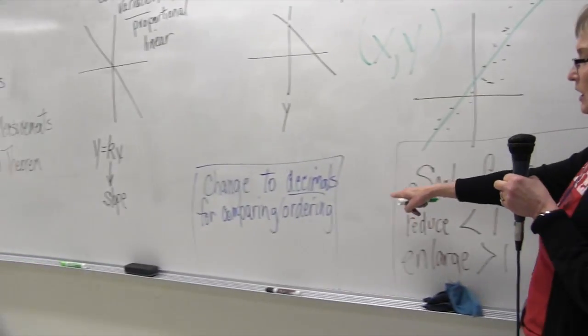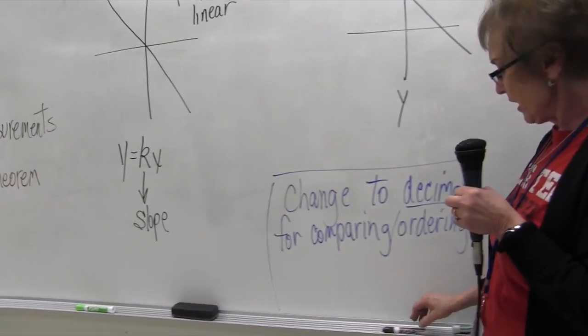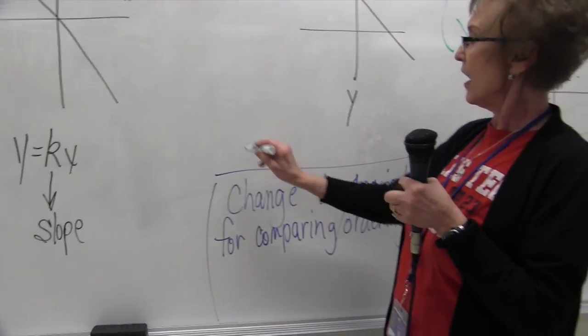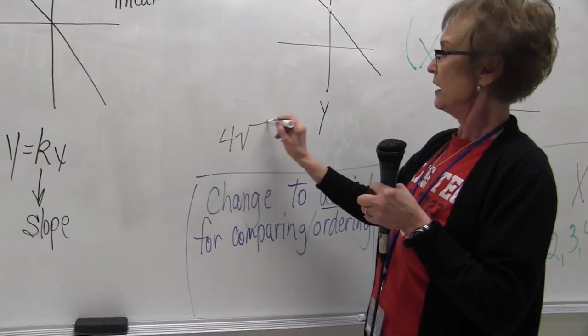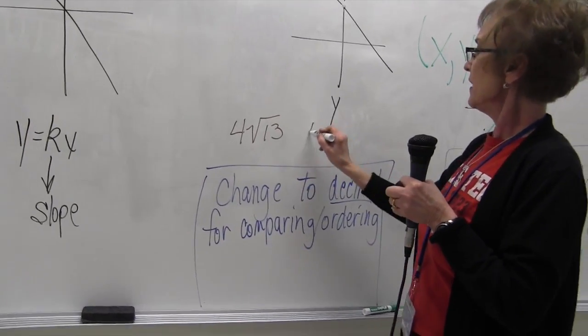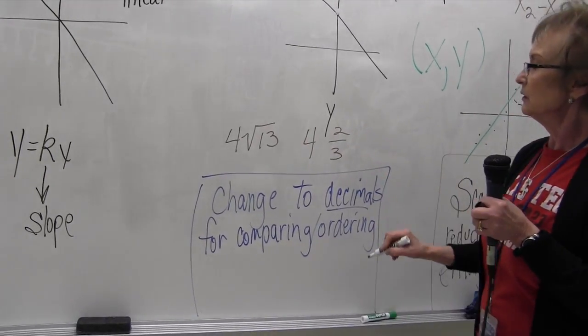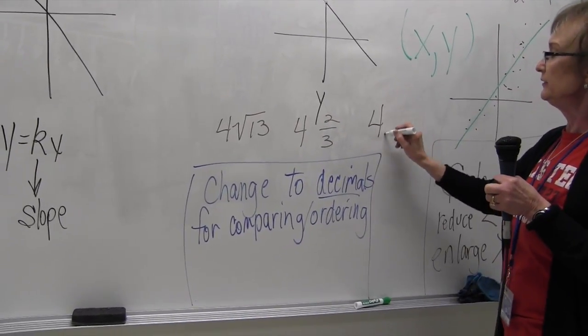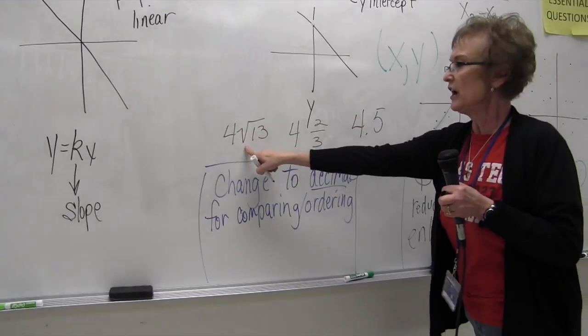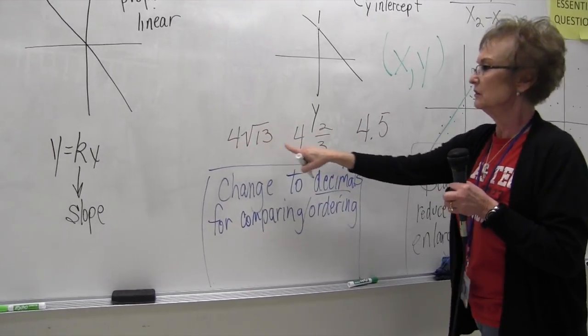Let's talk about comparing decimals or comparing things. If I've got a number that is written as a fraction, as a decimal, and as a percent, change everything to the decimal.